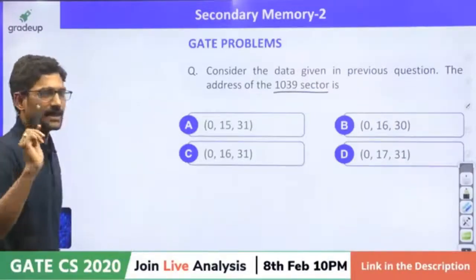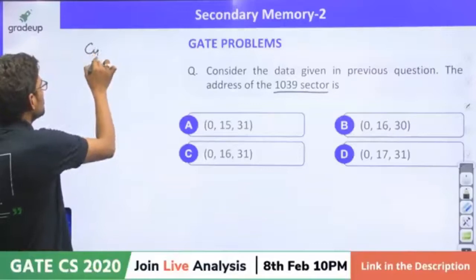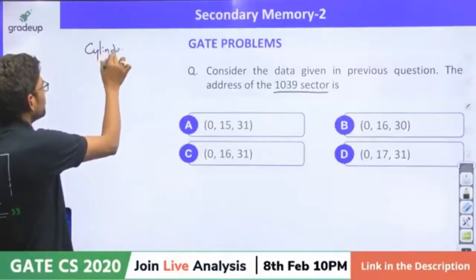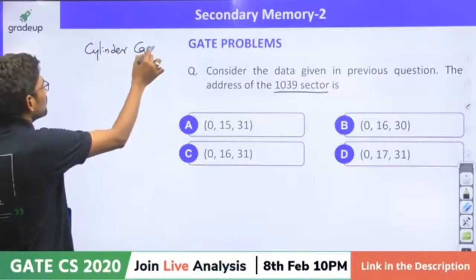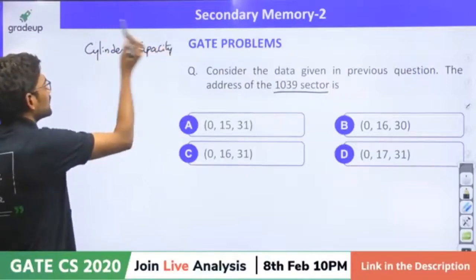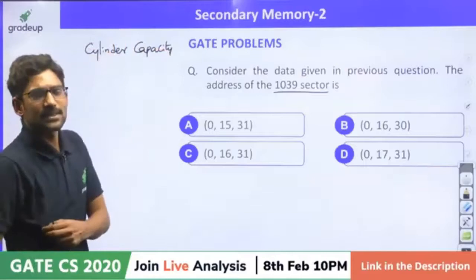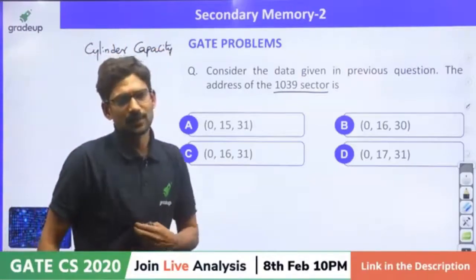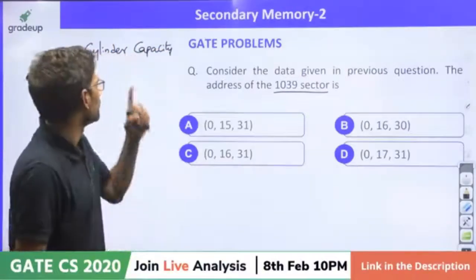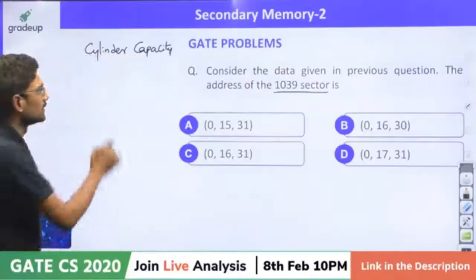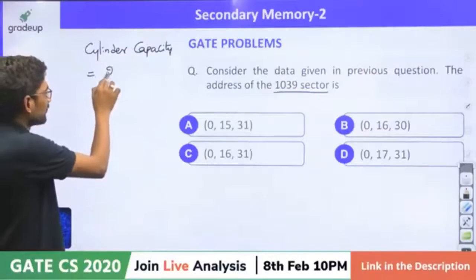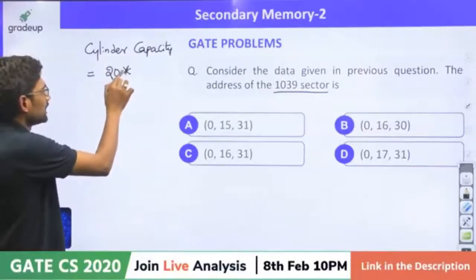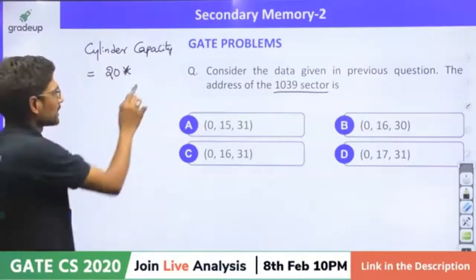First, always calculate the number of sectors in one cylinder. What does one cylinder mean? From every surface, so a total of 20 surfaces, one track.